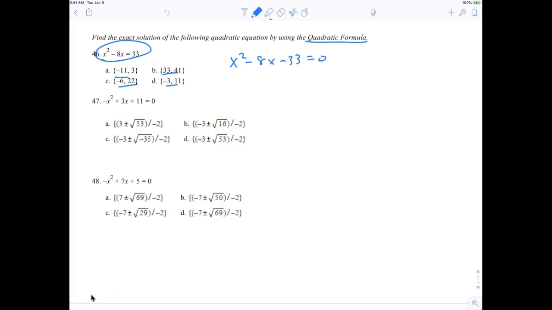Factoring, x and x, what would that be? Minus 11 and plus 3. Beautiful. So x is either 11 or negative 3, which is in fact D. Thank you.